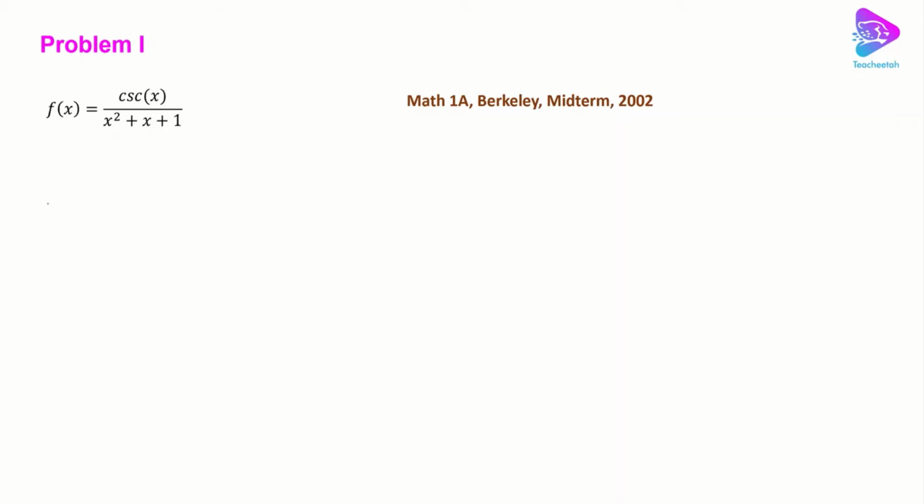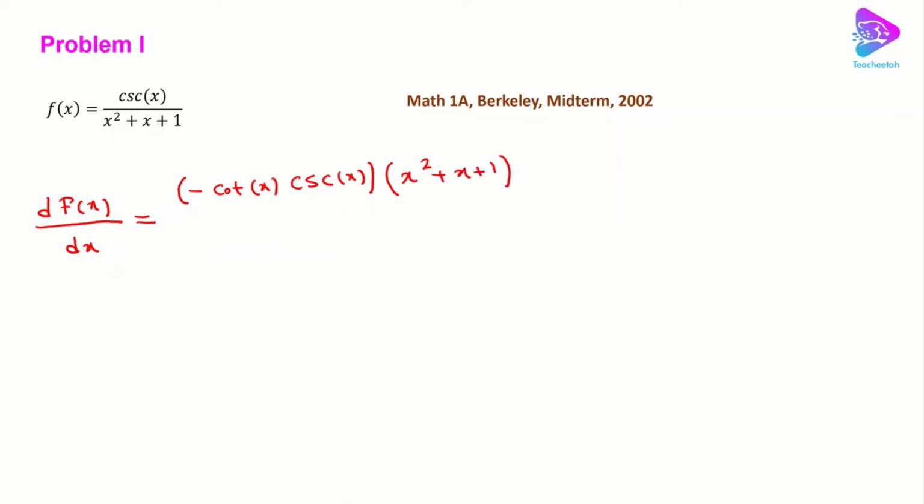So here we have df(x)/dx equals, for the top part, the derivative of the top part, which is minus cotangent x times cosecant x, and this is going to be multiplied with the bottom part, which is x squared plus x plus 1.